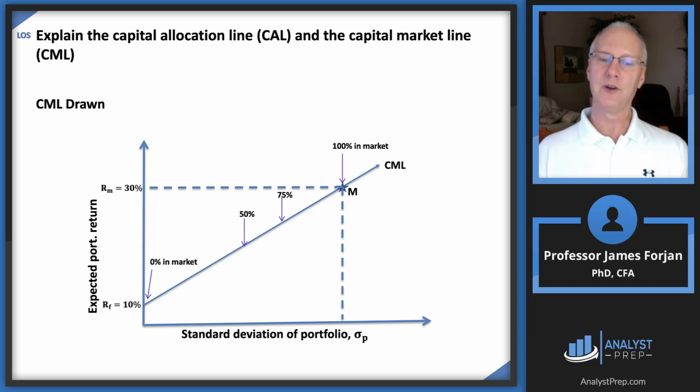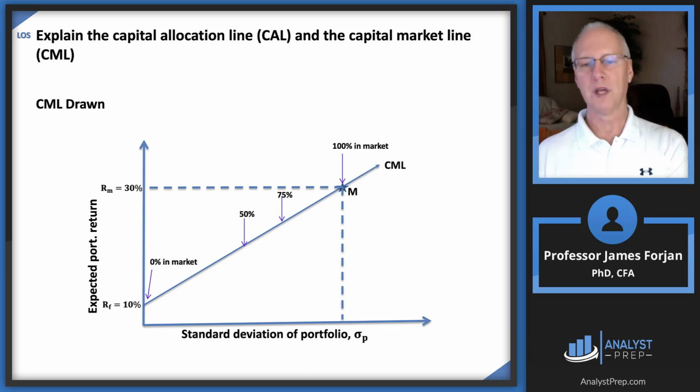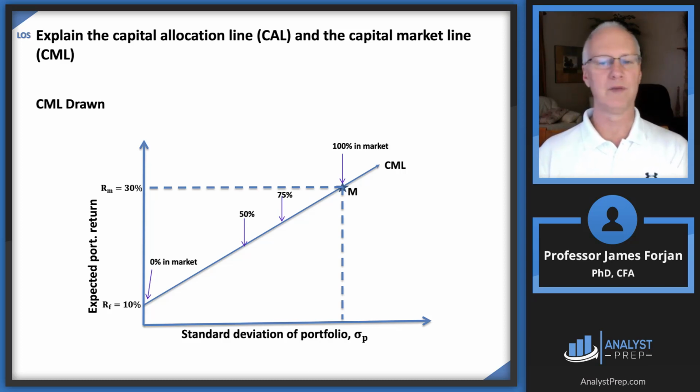And then what you're going to do is that if you want to, you can lend your capital to the federal government by buying treasury bonds. And you're going to move downward and to the left on that portfolio. And so you'll be there at 75% or 50% or 0%.